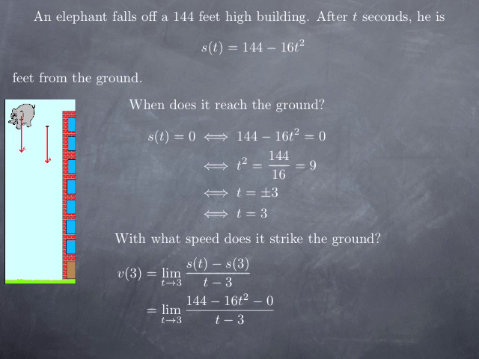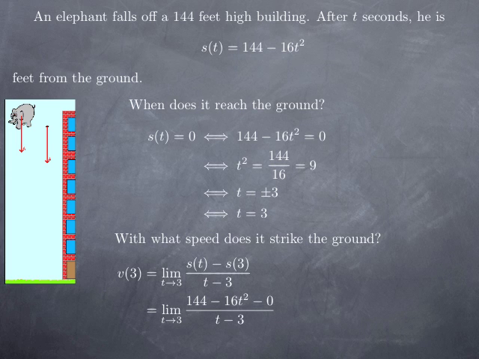In other words, we take final position minus initial position over time span for an interval of time that starts at 3 and finishes at time t, and that gives us the average velocity over that interval of time. And then we take the limit as the time span of the interval goes to 0 to get the instantaneous speed at time 3.